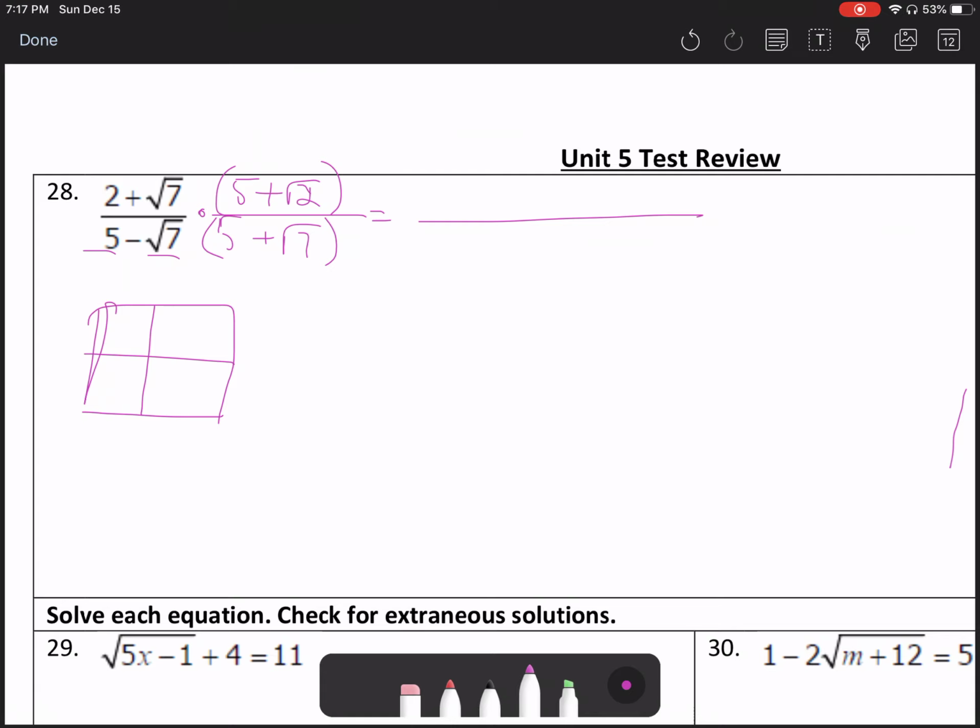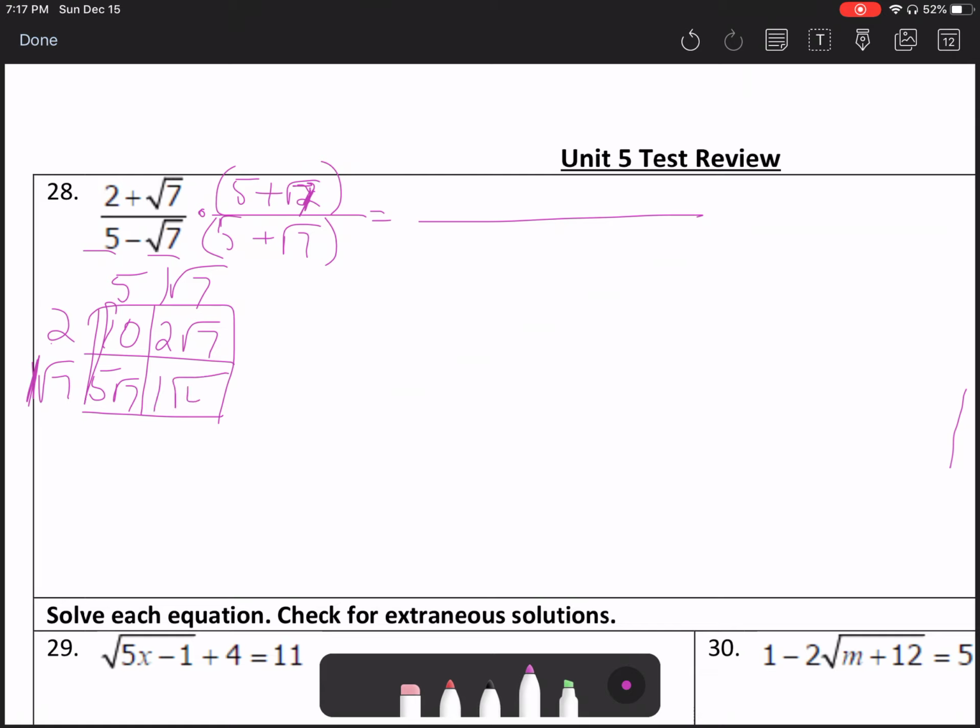So for the top, this is for my numerator. I have 2 plus radical 7 and 5. Sorry, I have 2 here, that looks like a 2 there. It's actually 5 plus radical 7. There we go. 2 times 5 is 10. This is 2 times 1 is 2 radical 7, remember there's a 1 out here too. 5 times 1 is 5 radical 7, and then I have 1 times 1 is 1.